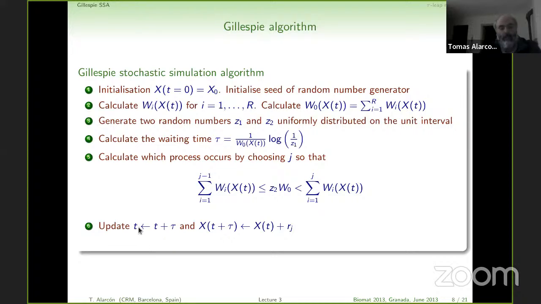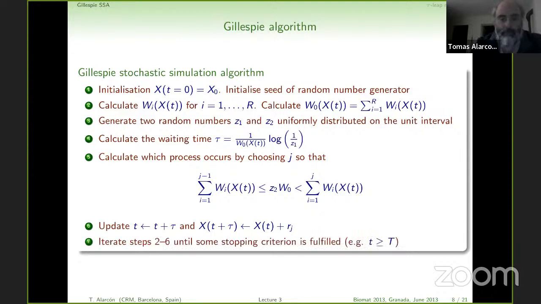You update t to be t plus tau, which is this random number here, and then you update the system so that x of t plus tau is whatever x of t was plus the change in the state of the system associated with the process that has been chosen by the Gillespie algorithm.